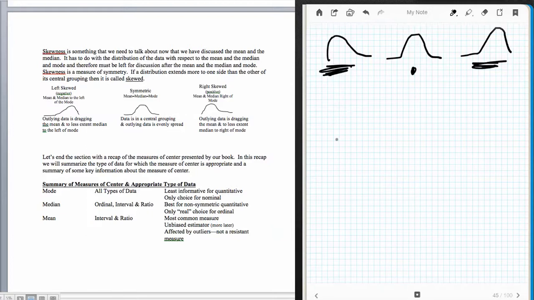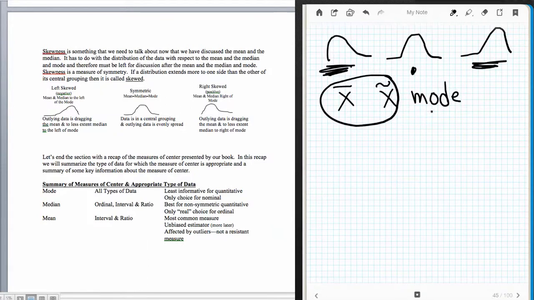with another measure. And that measure is actually the mean and the median and the mode, and how they're related to one another. And we're actually comparing the mean and the median to the mode. And when the mean and the median are to the left of the mode, then we're calling it left skewed data. And when the mean and the median are to the right of the mode, then we're calling it right skewed data.